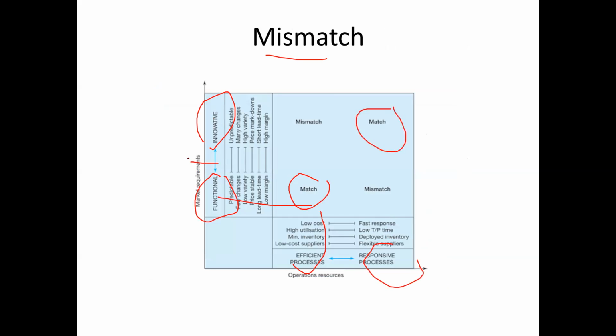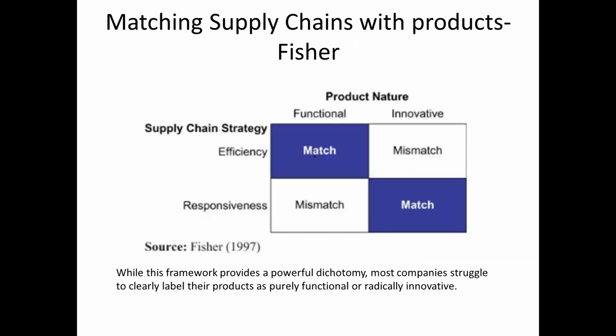Common sense, but can you see there's some axes there that show what makes something functional? It's predictable, it's low variety, price stable, long lead time, etc. So that is a more complex version of that, which is the Fisher matrix. Functional product versus innovative product.